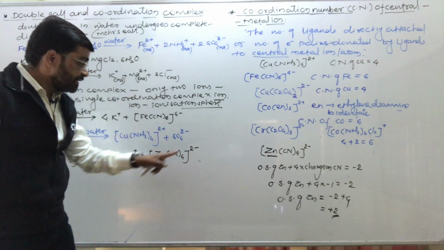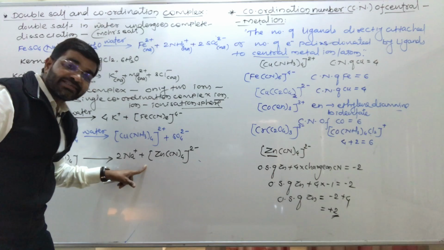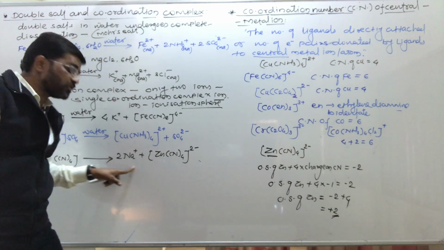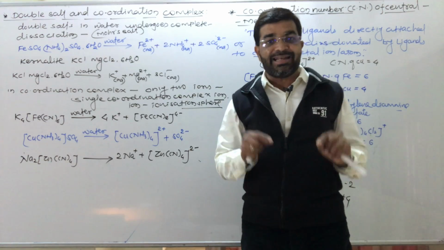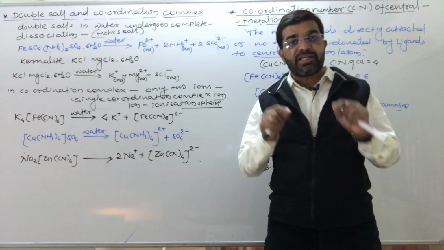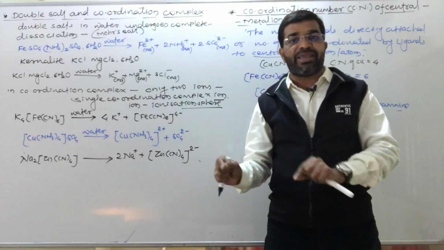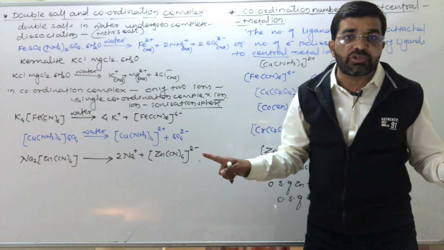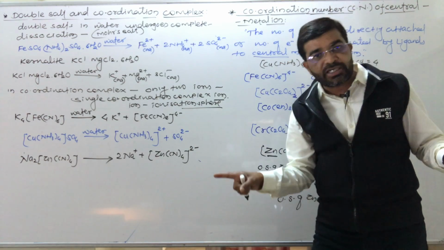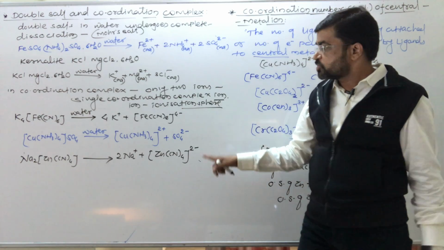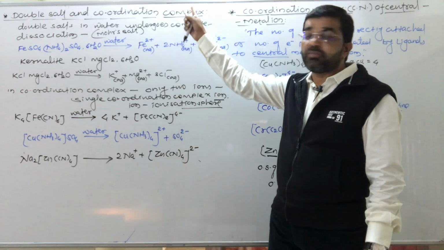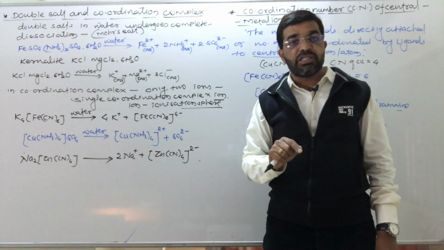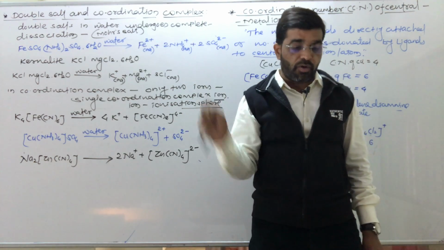So here one complex ion species is formed and sodium ions are formed, but the species, that is metal ion and ligands present in the coordination sphere, do not undergo dissociation or ionization. That is nothing but the coordination complex, and this is the difference between double salt and coordination complex. Thank you.